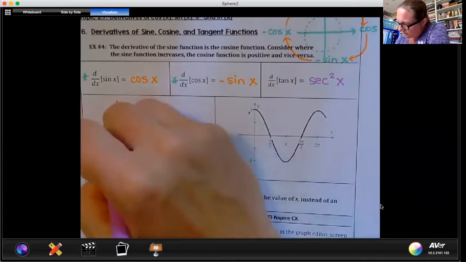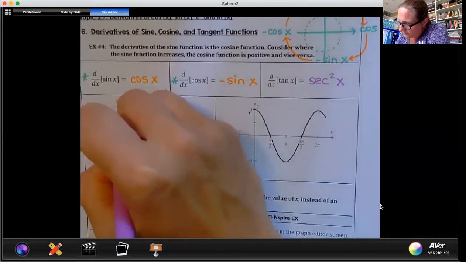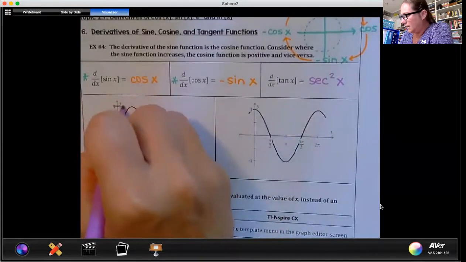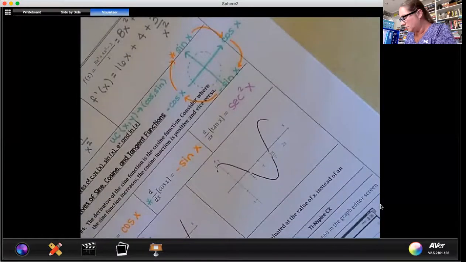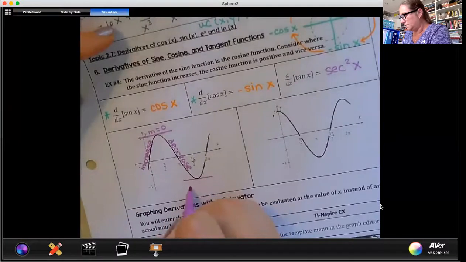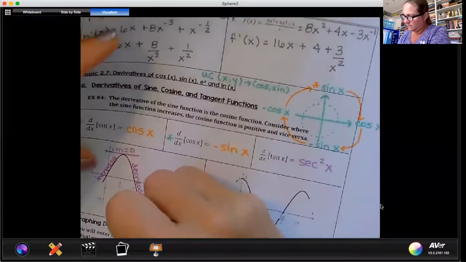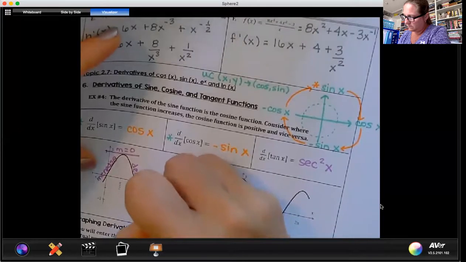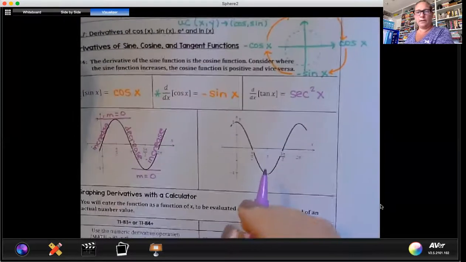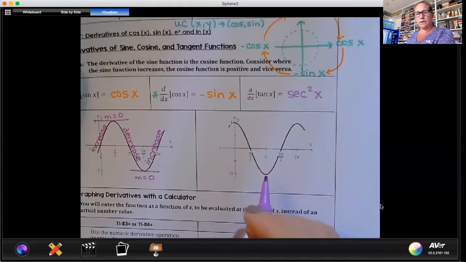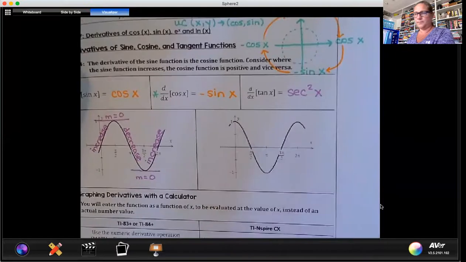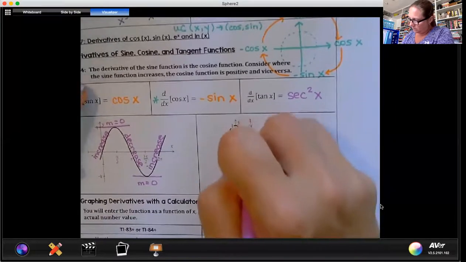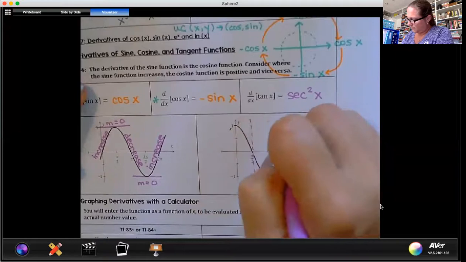So what's happening is you are increasing, then you are at slope equals 0, then you are decreasing, then you are at slope equals 0, and then you're going to increase. And then you have the cosine function. You know that because you're starting at 0, 1, and you go down, down, up, up. So we're going to draw just some little boundary lines here.